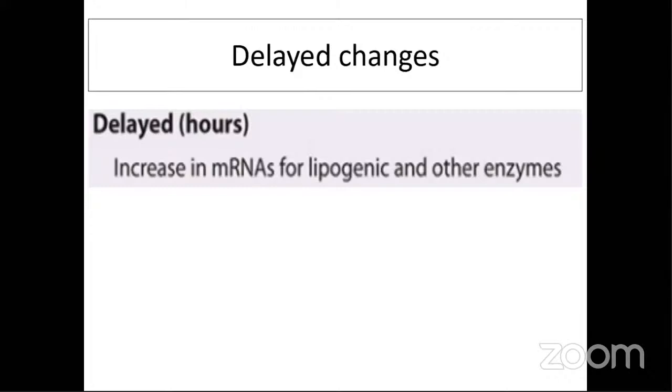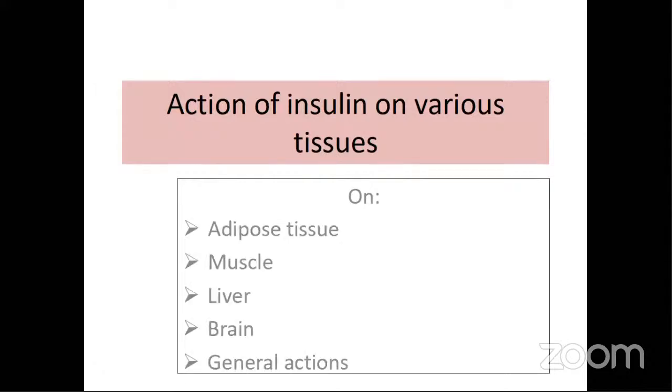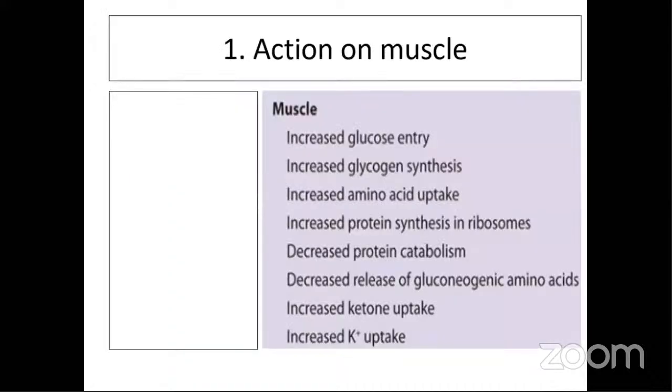Also, we can look from another aspect, that is the effect of insulin on various tissues like adipose tissue, muscle, liver, brain, and also its general actions. Okay, so we will see the actions on muscle.